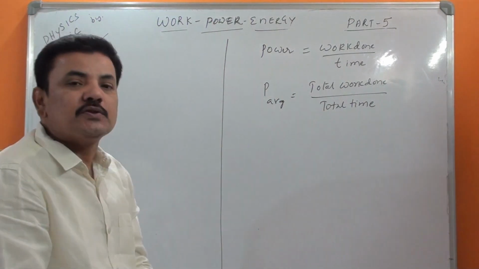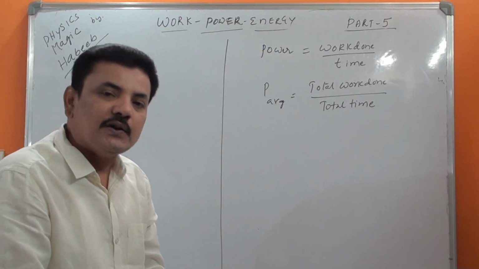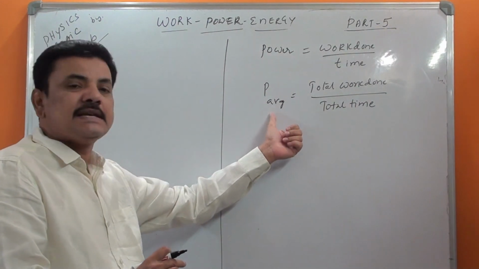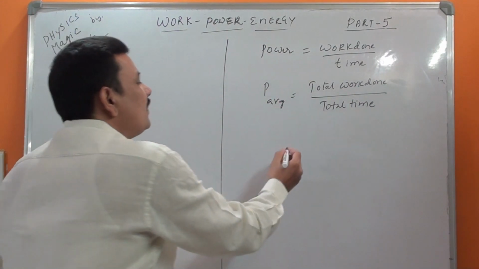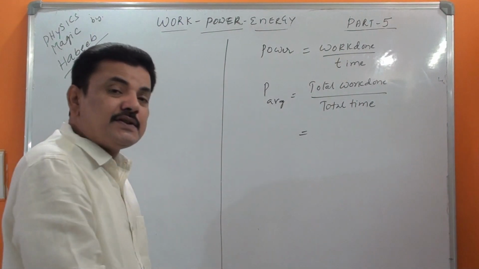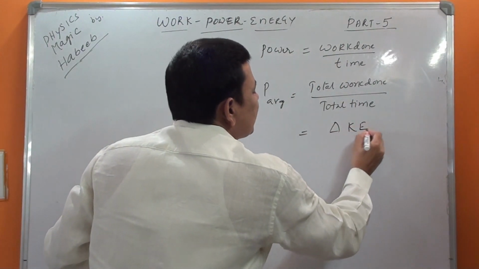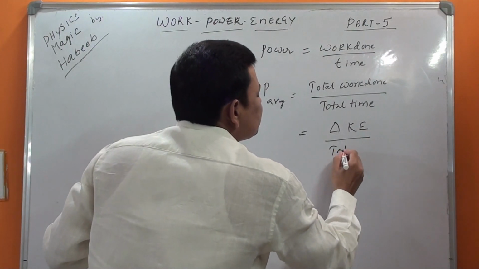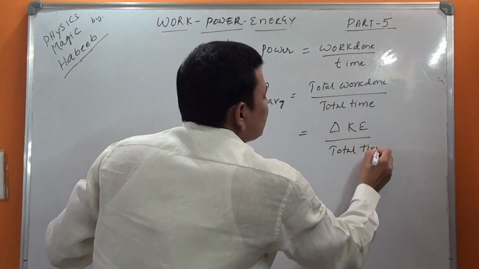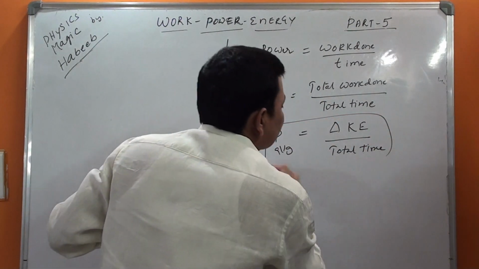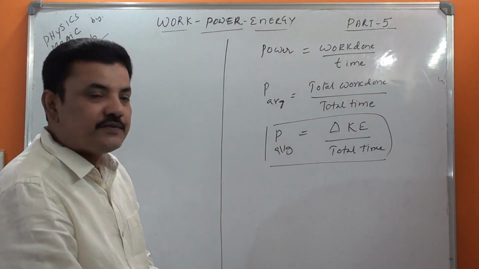With these two, you will automatically get the average power. Now you know that from the work energy theorem, total work done is nothing but the change in kinetic energy. So change in kinetic energy by total time will give you P average. So this is one important formula.